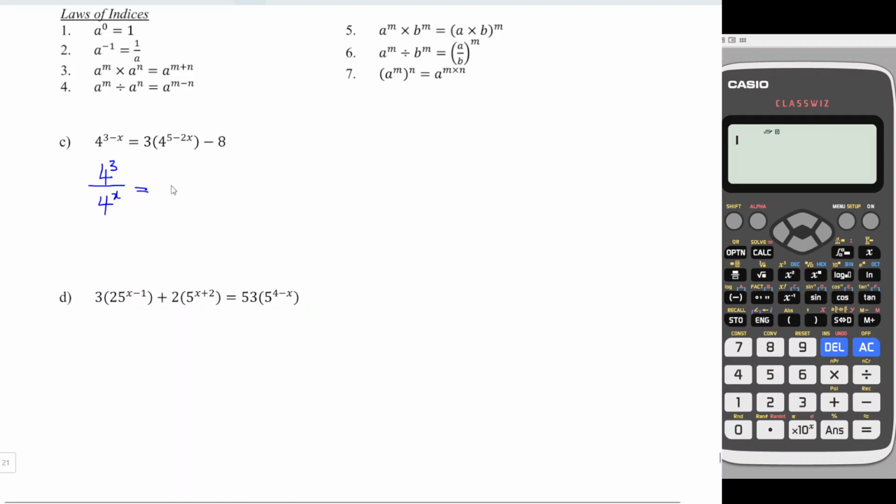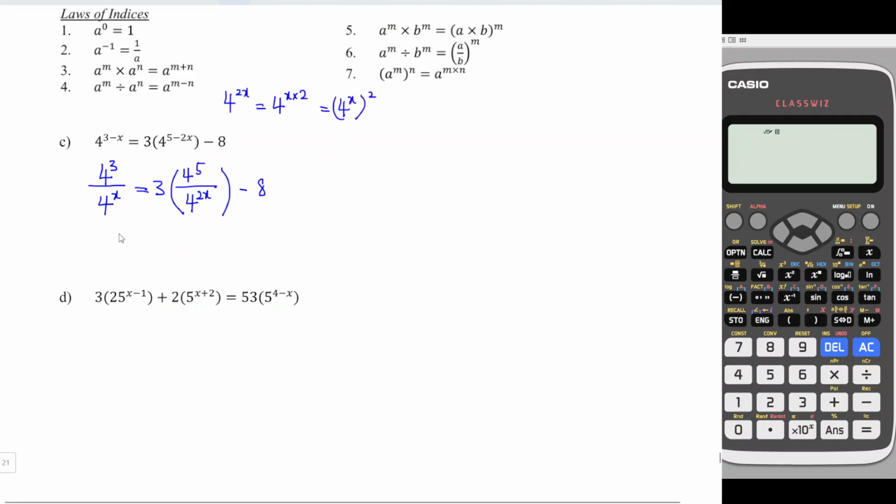And this is equal to 3 times 4 to the power of 5, minus, again divide, 4 to the power of 2x and minus 8. We know that 4 to the power of 2x we can rewrite as 4 to the power of x times 2, which is 4 to the power of x, the whole thing squared.